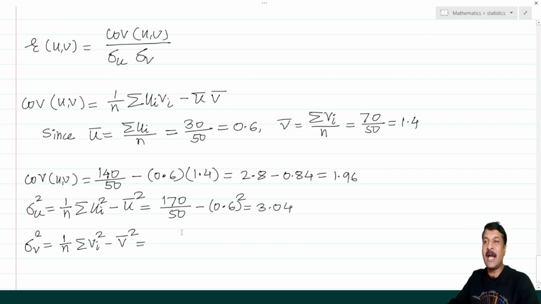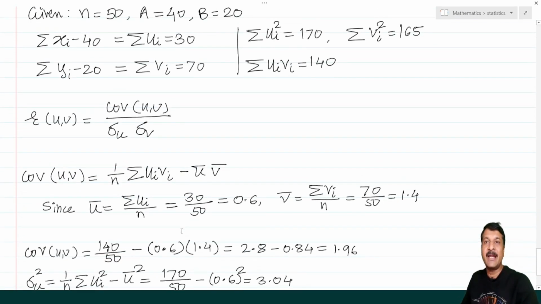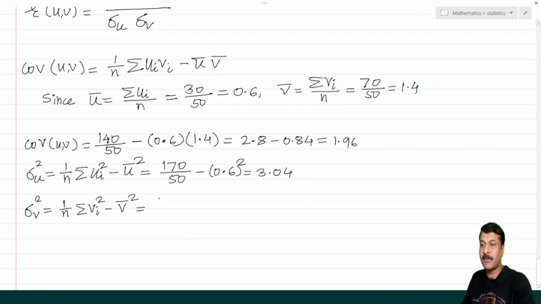So what is vi square? Summation of vi square is 165 divided by n minus v bar, it is 1.4 whole square. So I am getting the value by calculator again. It is 1.34.